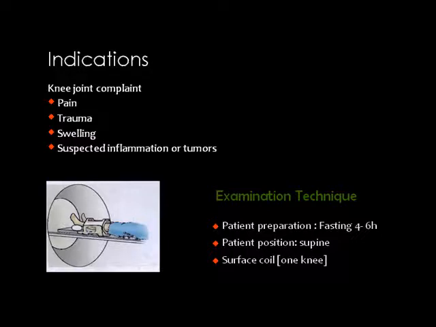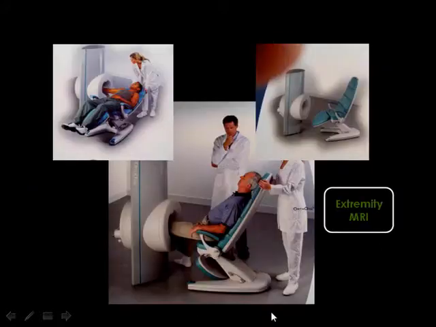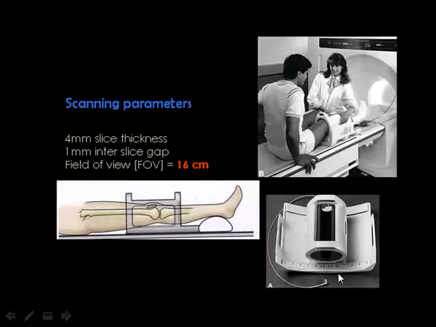But if you put the surface coil adjacent to the knee, then you will get a bright image and a very good resolution. And you remember we have the different machines, the closed magnet and the open magnet, and this is very good for the knee. This extremity magnet, you can put the limb there, and this coil is very good because it's very close to the knee, and you expect to have very good images.